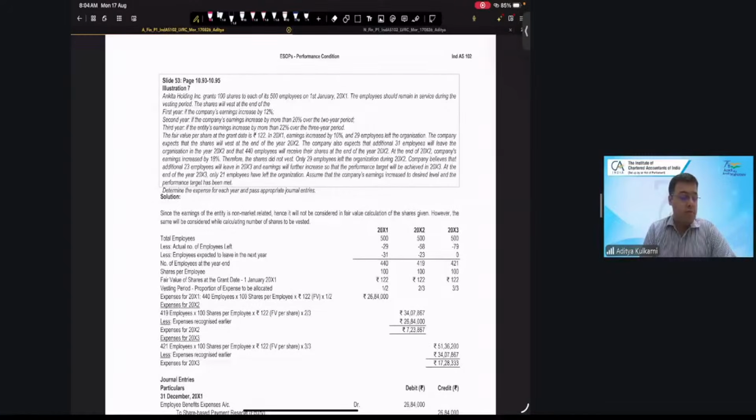So at the end of each year, the entity needs to estimate whether vesting would happen. And if yes, what could be the vesting period? Employee benefit expenses would be recorded at the end of each year based on the above estimates made at the end of each year. Fairly simple.